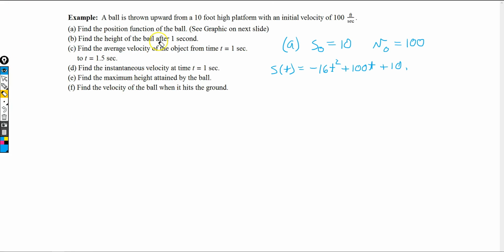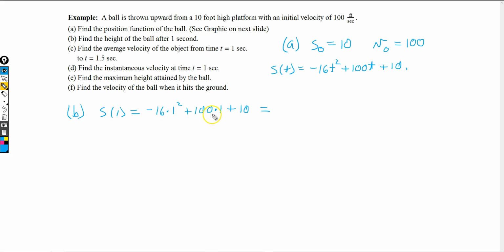So now let's answer part B. Let's find the height of the ball after 1 second. Well, that's simply going to be s of 1. And we just have to put 1 in here for t, so that's going to be negative 16 times 1 squared plus 100 times 1 plus 10.